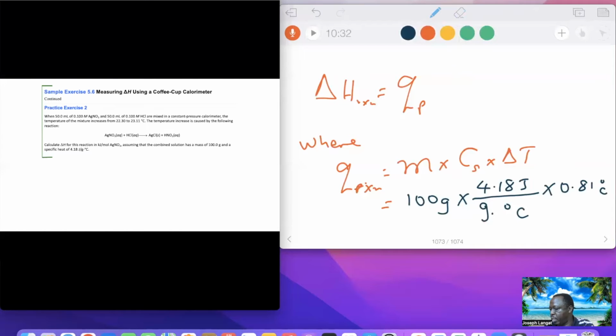If we cancel the units, grams and grams go away, degrees and degrees go away, and we are left with the final answer in joules.